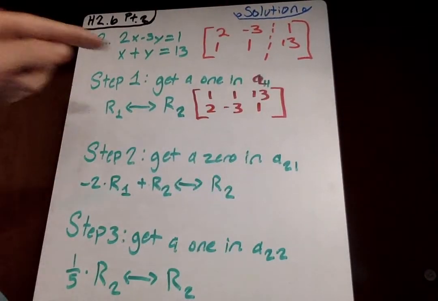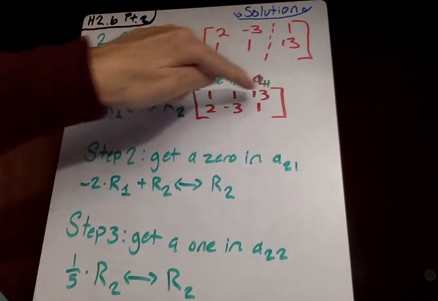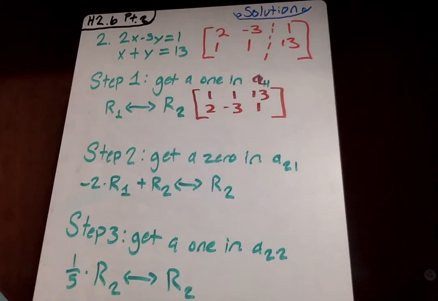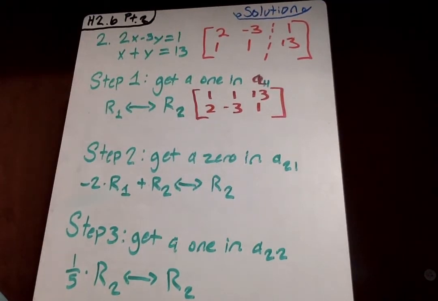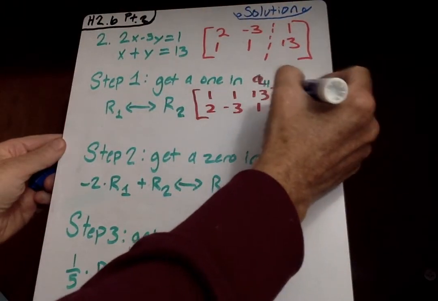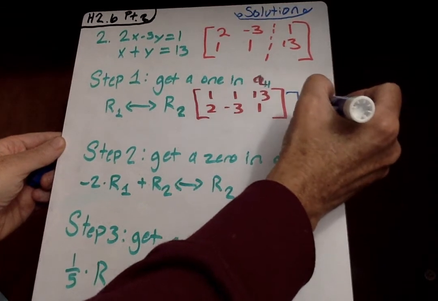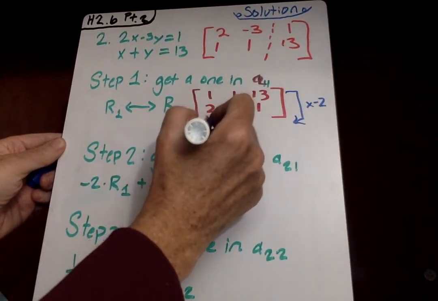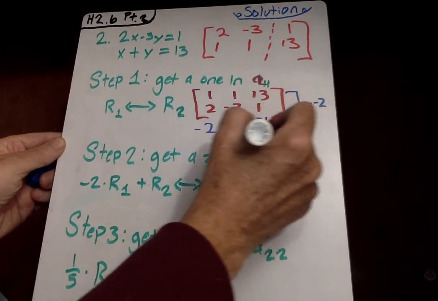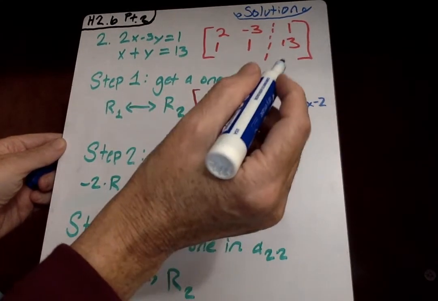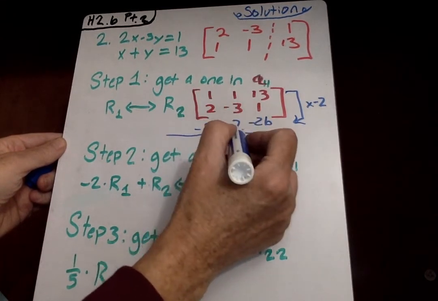Okay, next we want to get this to be 0. So to make that 0, we're going to multiply the top by a -2. Because we know -2 plus 2 is going to be 0. So if I take the top and multiply by -2, I'm going to get -2, -2, and -26. So my new row 2 is going to be 0.